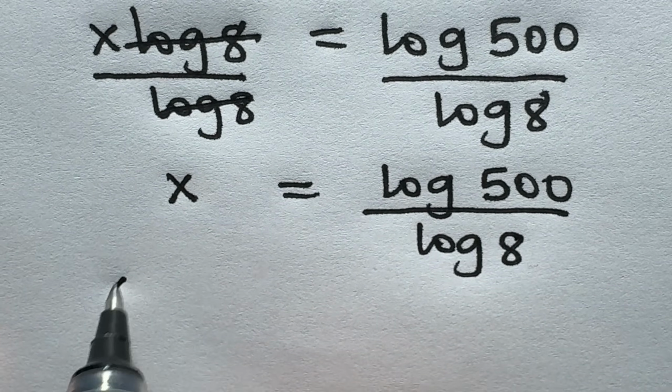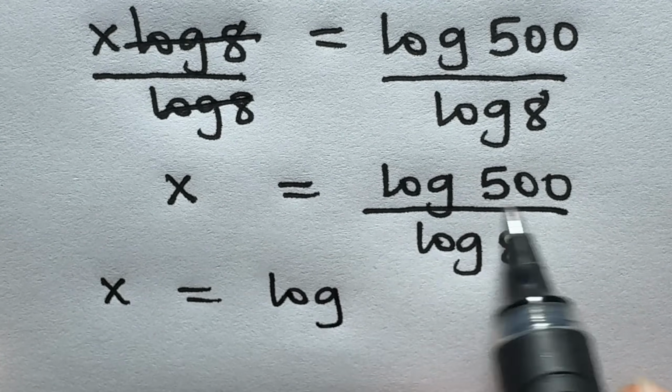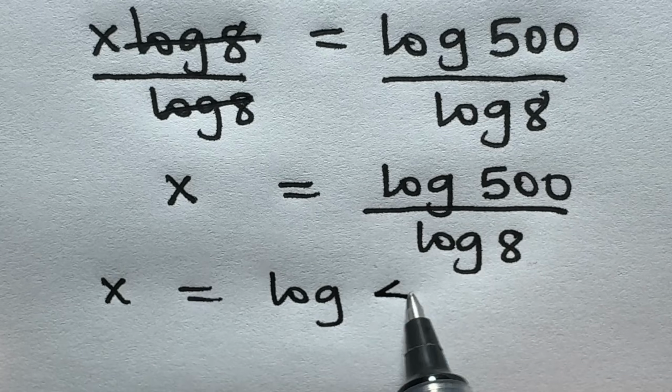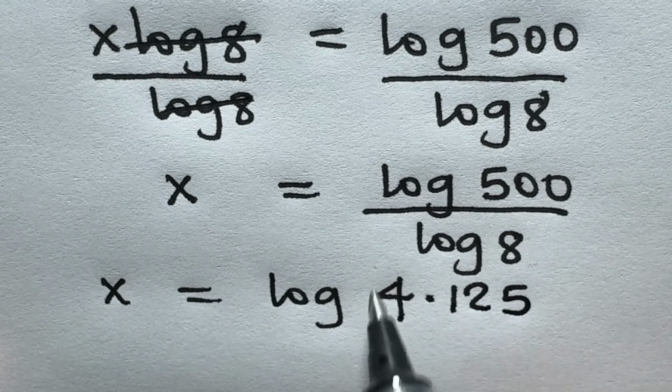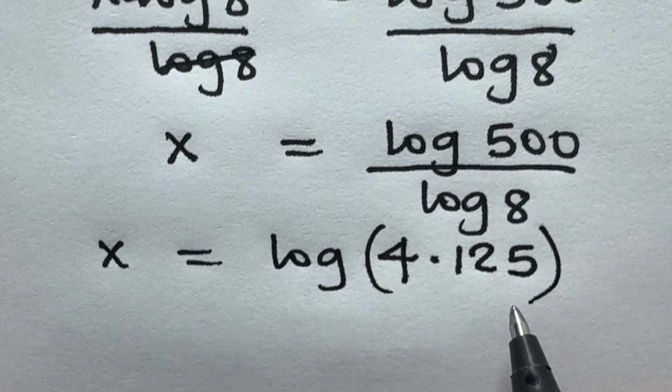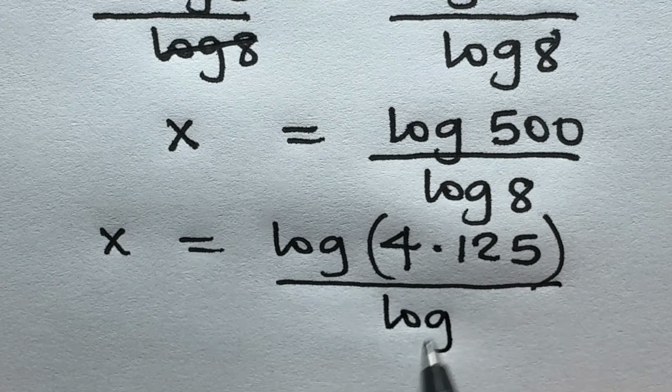We can also write this as x is equal to log. Let us express 500 as 4 times 125, then all divided by log 8.